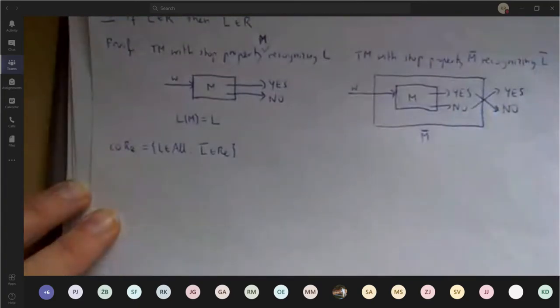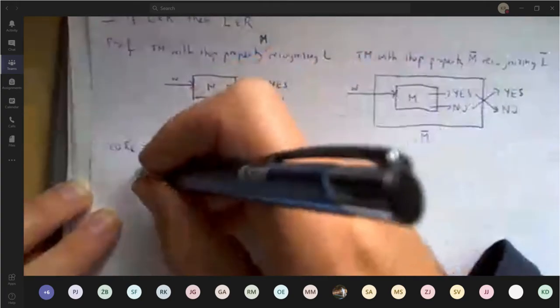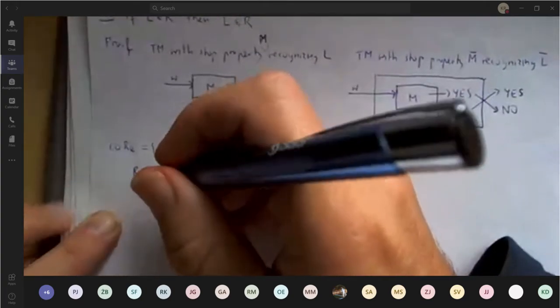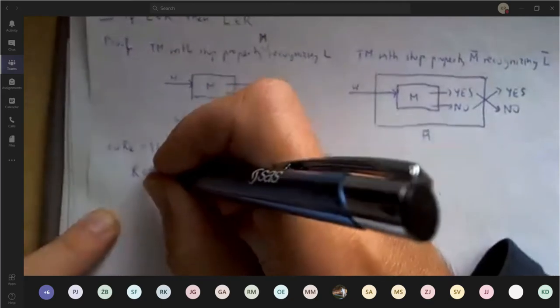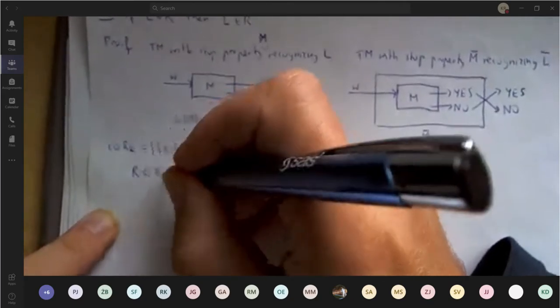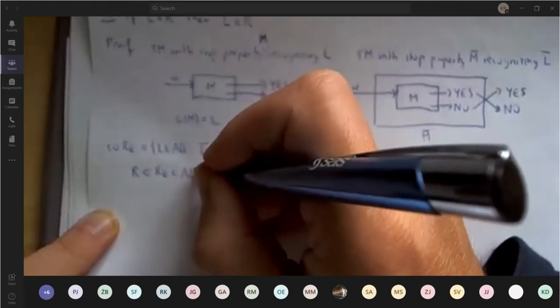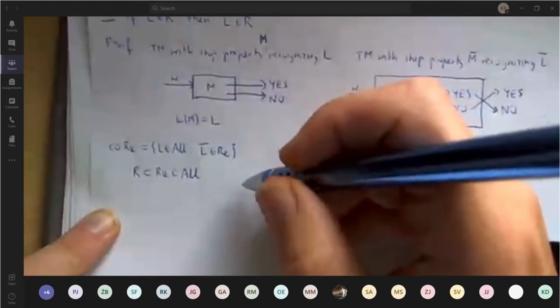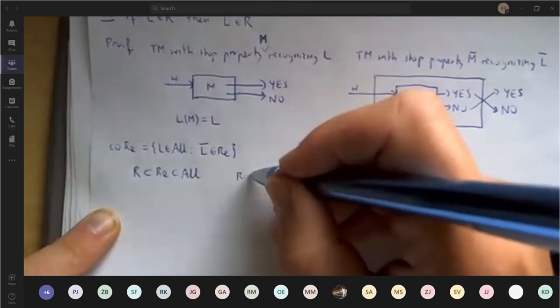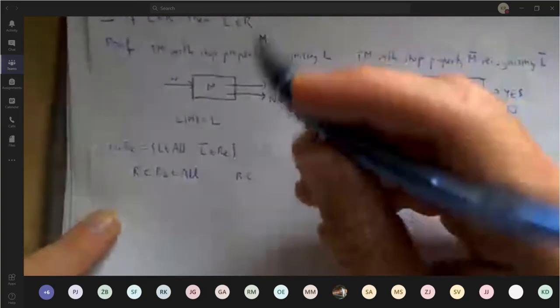So coRE is this class of complements of recursively enumerable languages. So what we know now is that R is a subset of RE, and it is of course a subset of all, and the same inclusions with coRE. It follows from this theorem.